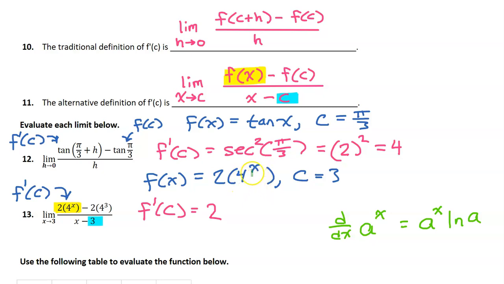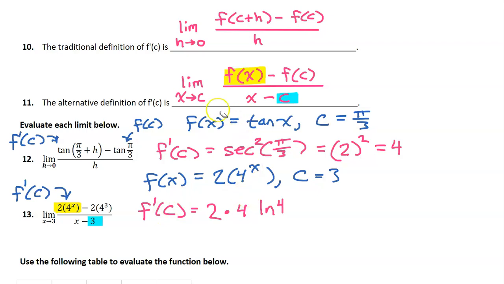So the derivative of 4 to the x power will still be 4 to the x power, but now we have to tack on the natural log of a. I'm going to tack on the natural log of 4. But remember, I'm not doing f prime at x, I'm doing f prime at c.